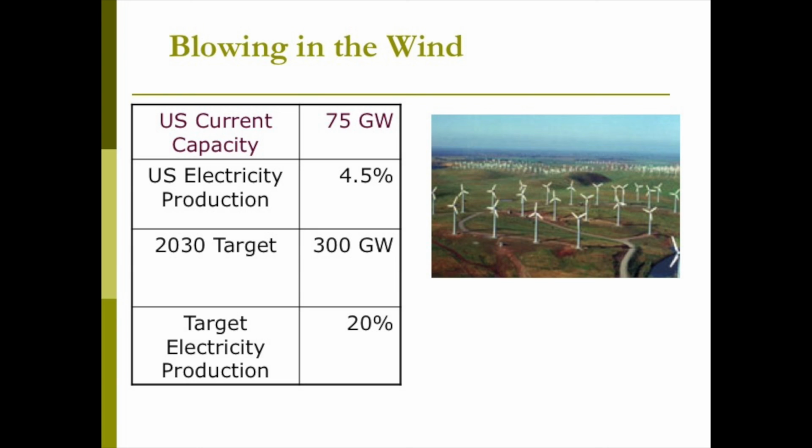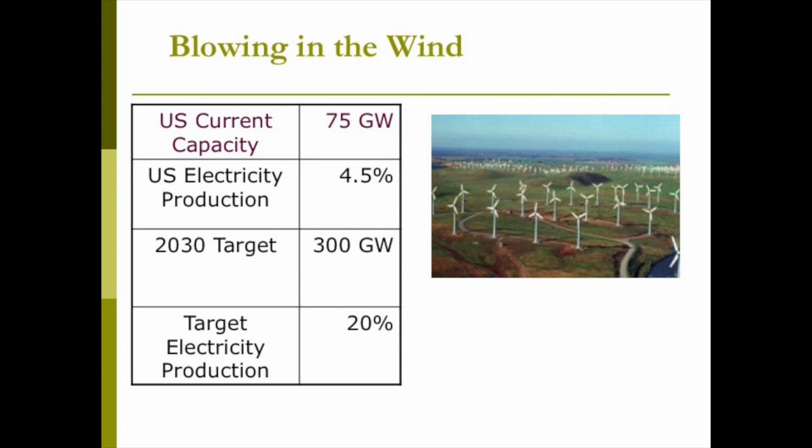So the bottom line for the U.S. is shown here in this table. The current U.S. wind capacity is about 75 gigawatts. That's equivalent to 75 nuclear power plants. And this is a production of about 4.5% of U.S. electricity.